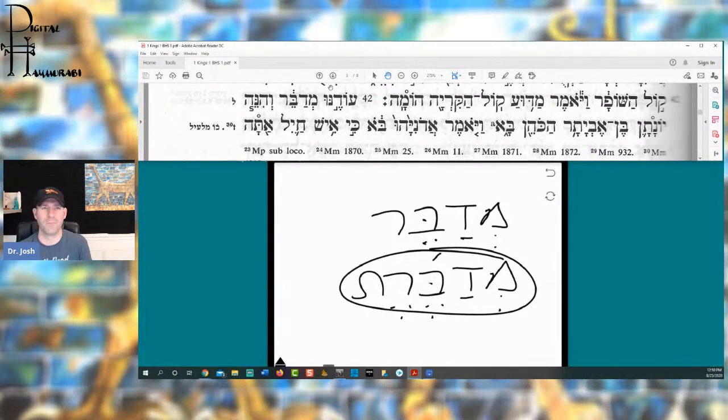Interestingly enough, the hine was back here, if I remember that correctly in the earlier verse. But again, it's setting up the same patterns. I'm just curious if there's an intentional connection by the writer. Anyway. Odenu medaber v'hinei Yonatan ben Eviatar HaKohen ba.